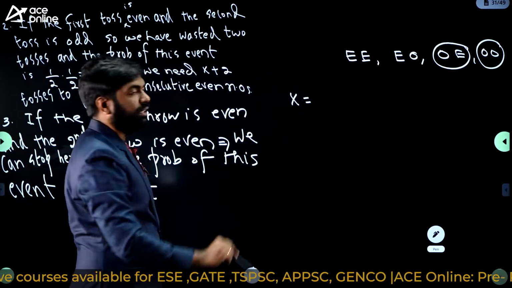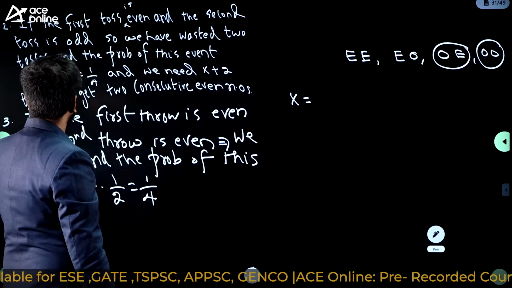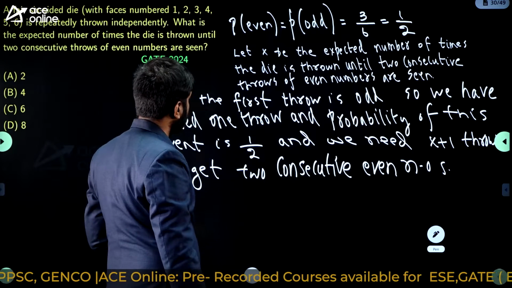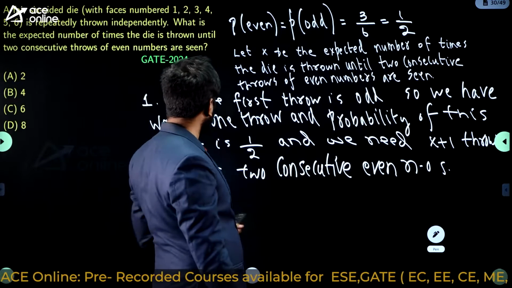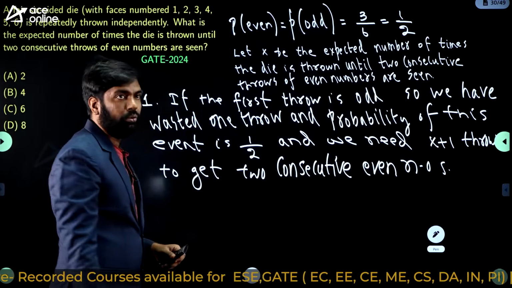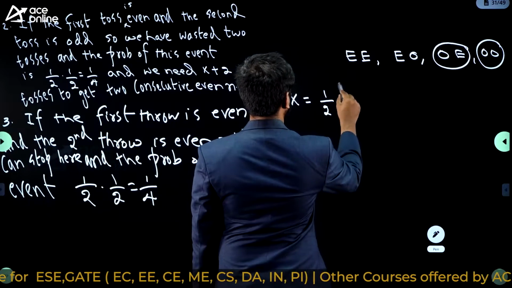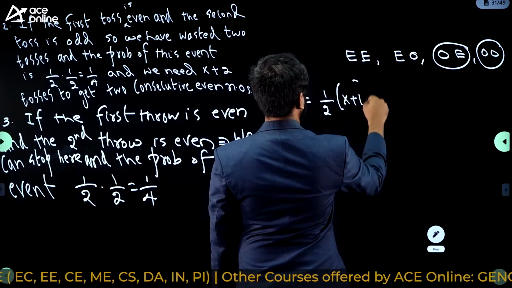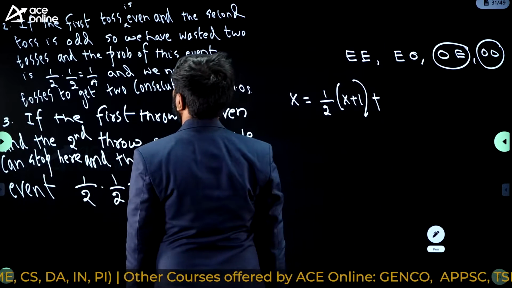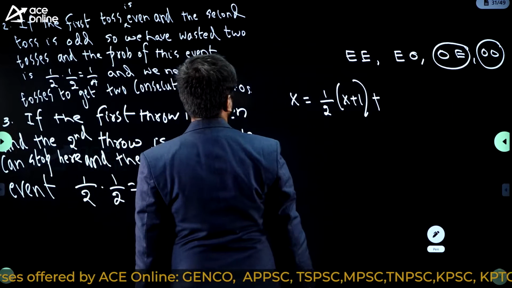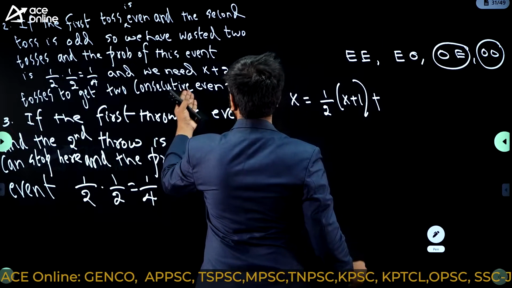You can now equate this x to, so in the first case, if the first throw is odd, we need x plus 1 throws, and the probability of this event is 1 by 2. So, you can multiply 1 by 2 into x plus 1, plus, what is the second case? If the first toss is even and the second toss is odd, you need x plus 2 tosses.